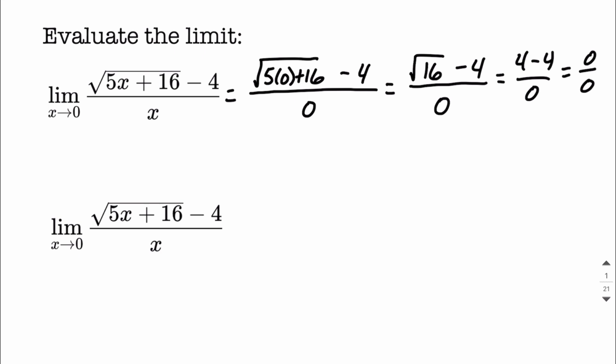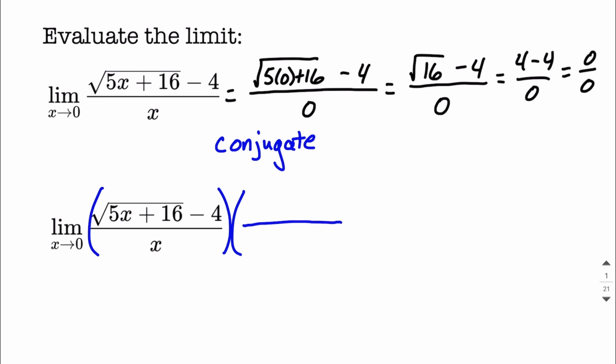The next thing I want to do is approach this by focusing on our radical. Because we have a radical in the numerator, I'm going to multiply by the conjugate of that numerator. Now, if you did have a radical in the denominator, even if you have one also in the numerator, I would focus on the denominator.